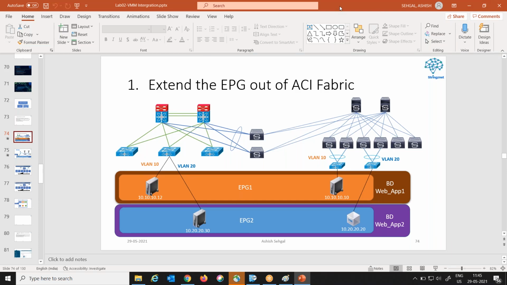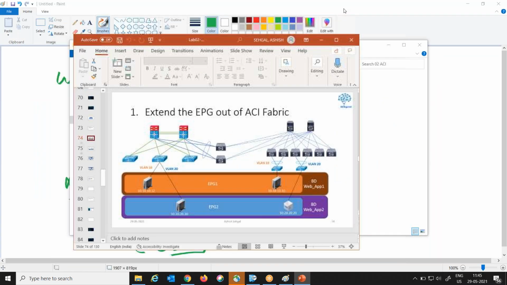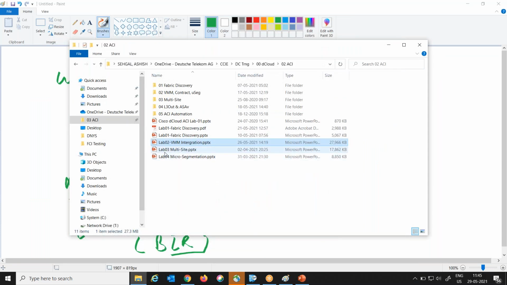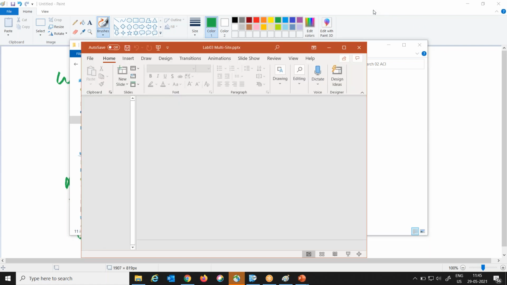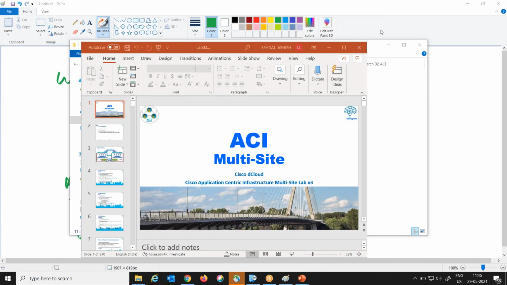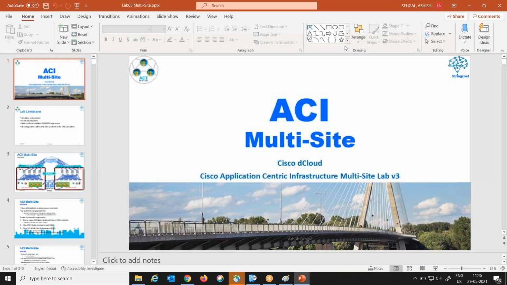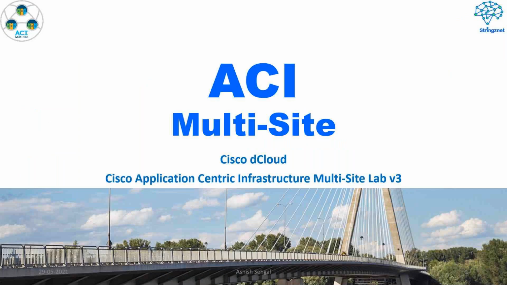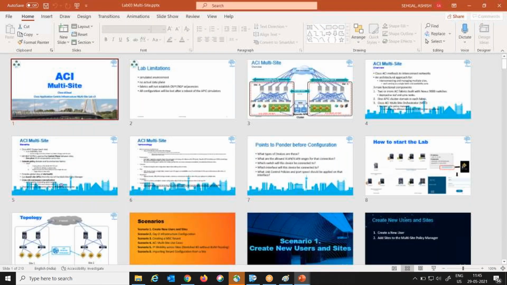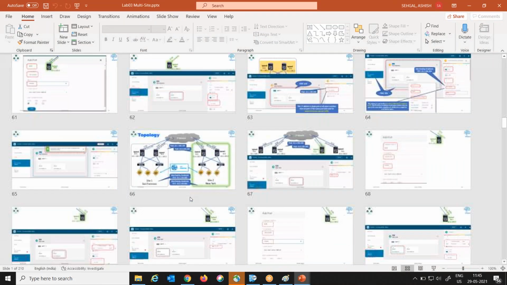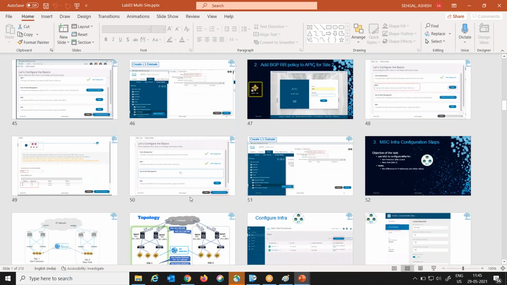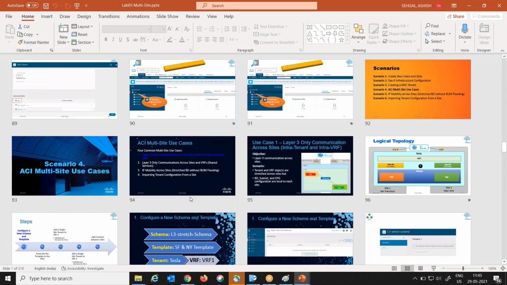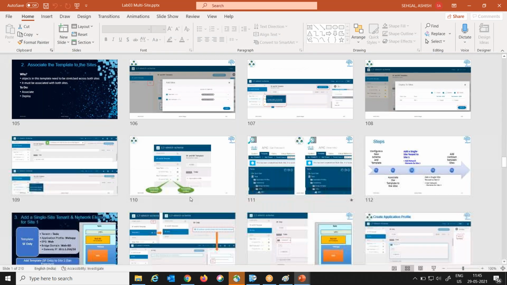Another migration lab is multi-site. Let me quickly jump over to the migration strategy lab, and the last scenario is multi-site use cases.